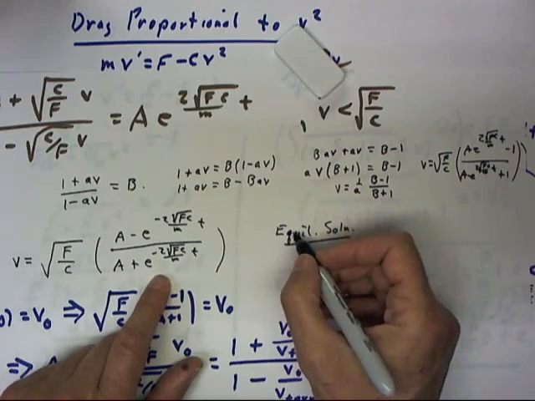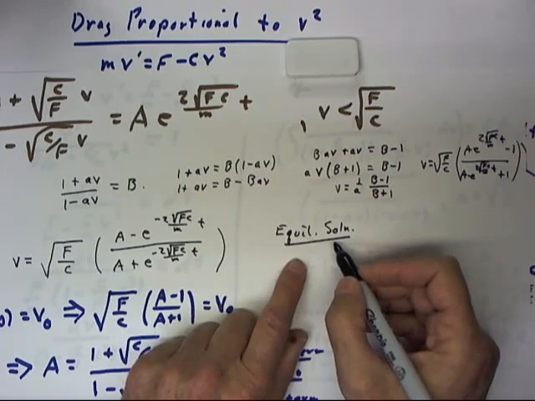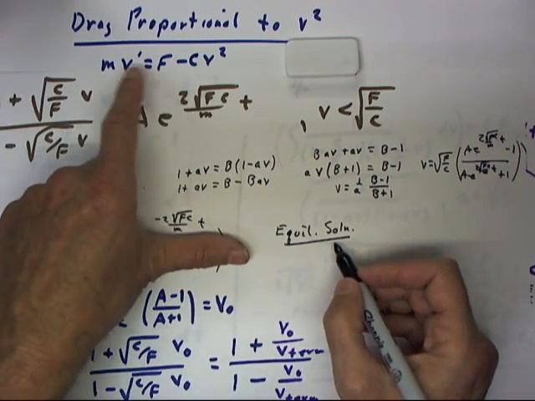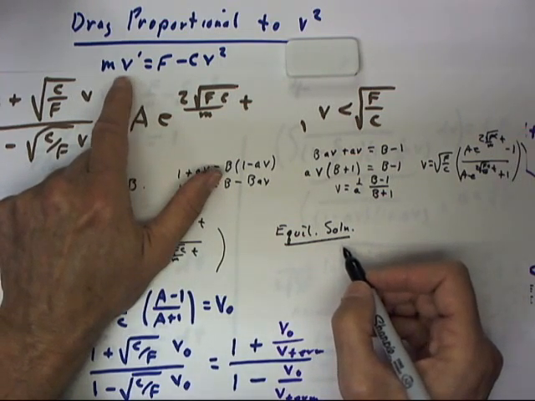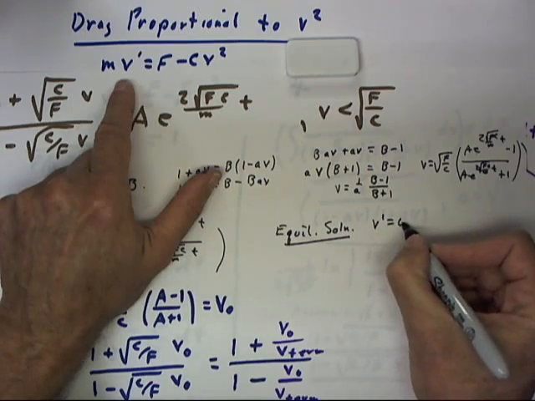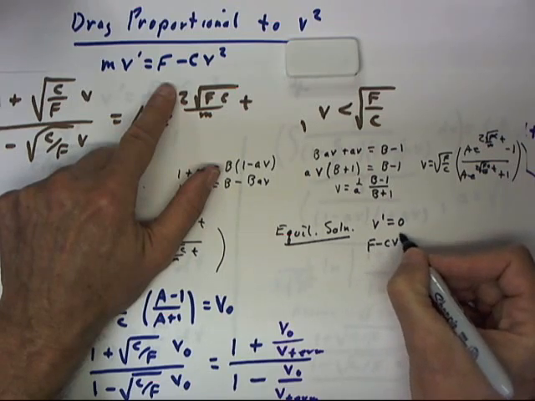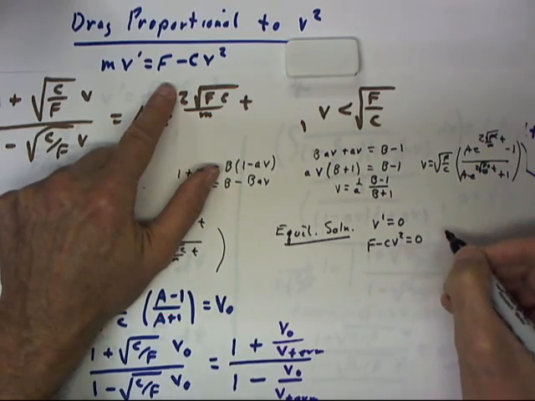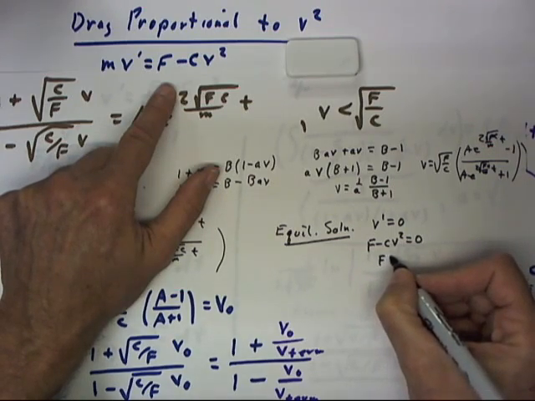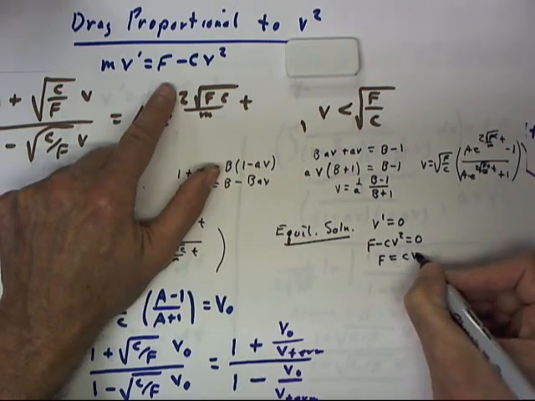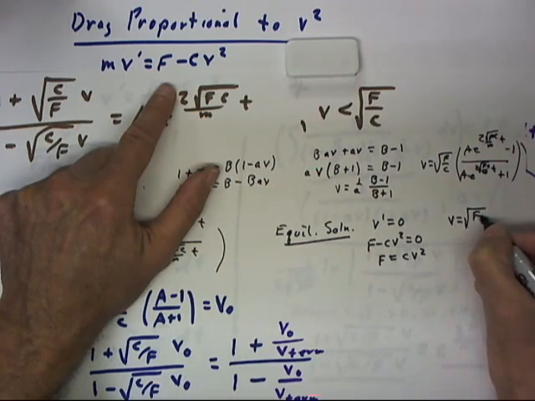Now, let's go back for just a minute and consider the equilibrium solution of this equation. What's going to be necessary for equilibrium? Well, clearly this equation is going to be in equilibrium when v prime equals 0, which is going to occur when F minus cv squared equals 0, and that occurs when F equals cv squared, which occurs when v equals the square root of F over c.